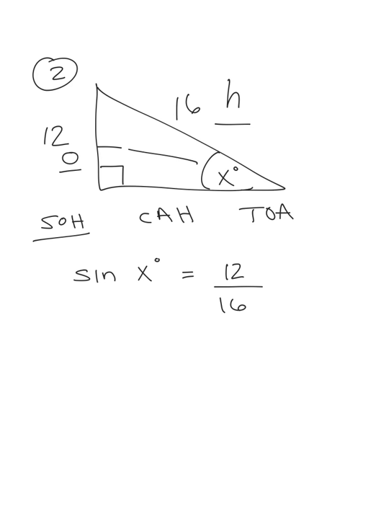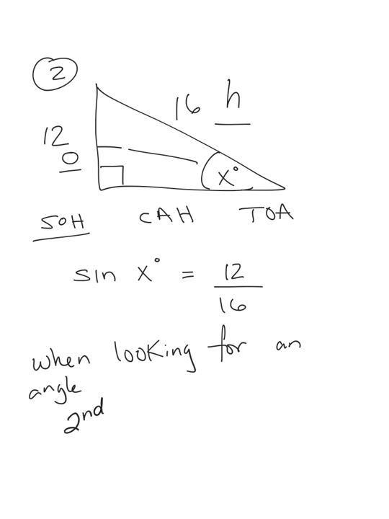Your calculator has to be in degree mode when looking for an angle. So when looking for an angle, you have to press the second key. So you're going to press the second key, and you're either going to press cosine, tan, or sin. Since we've already established that this is using sine, we press second, sine, parenthesis will show up, 12 over 16.